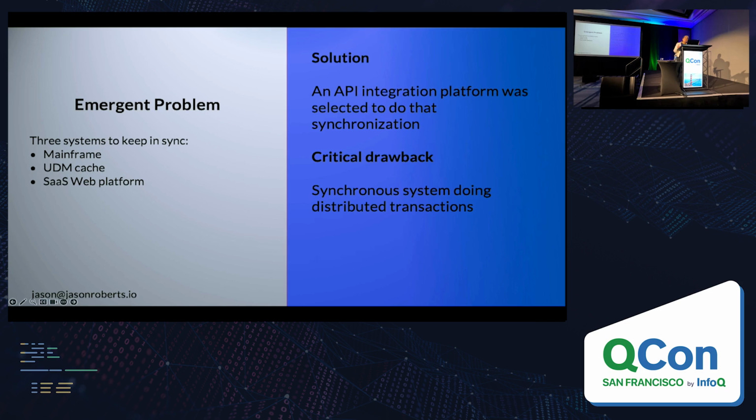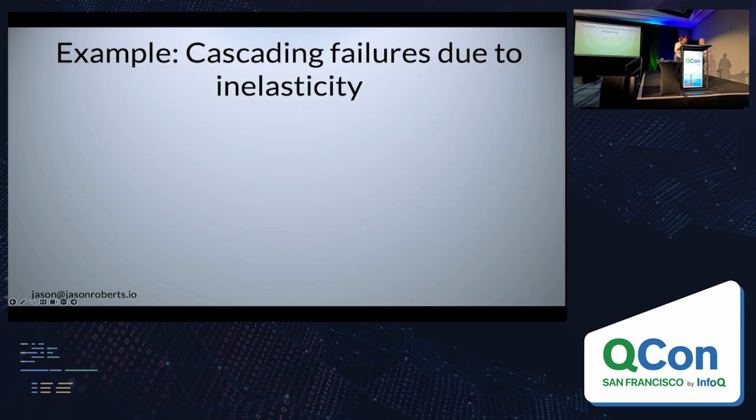It is also tightly coupled to the web use cases, making it very hard to reuse. So the API platform was introduced. This provides some amount of decoupling from the web platform, but at the same time, this is using synchronous processes to achieve distributed transactions. And that API integration platform ended up hosting many dozens and dozens of backend for front ends. Absolutely.